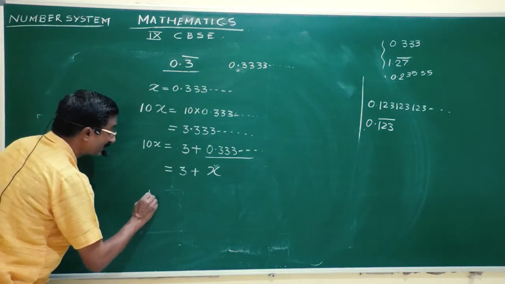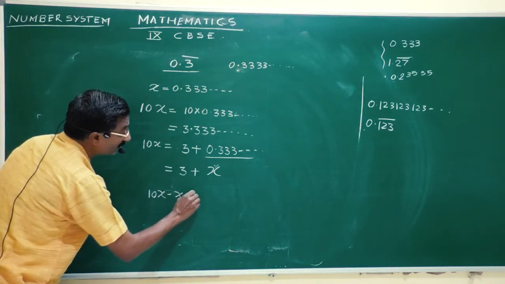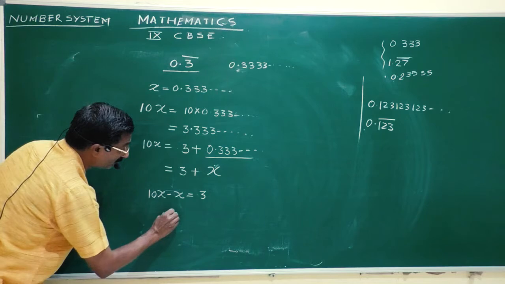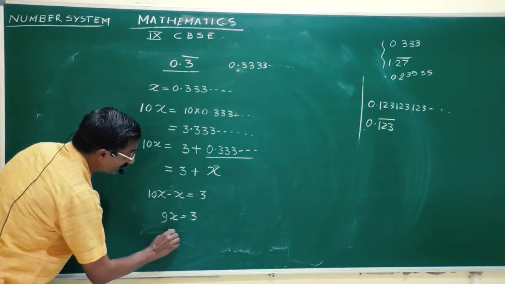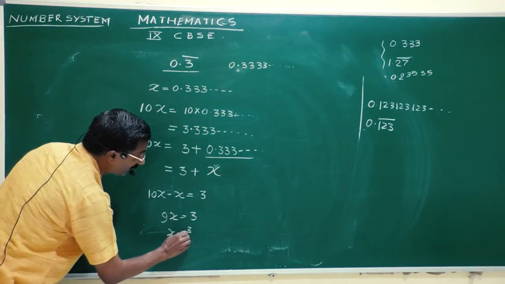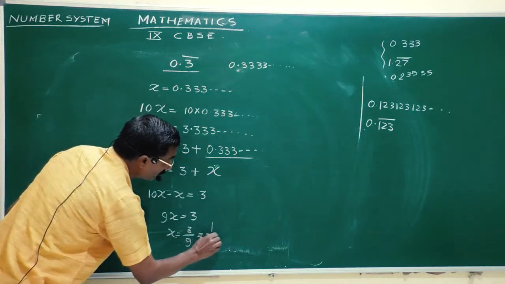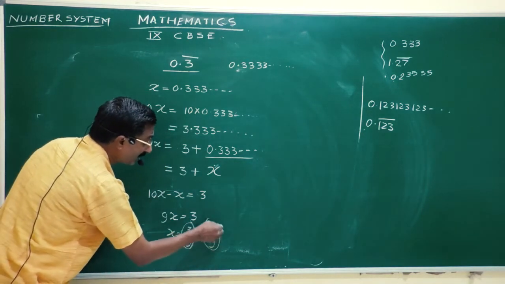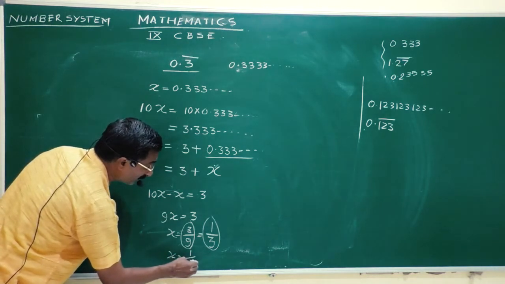Now transposing, 10x minus x is equal to 3. So 9x is equal to 3, so x is equal to 3 by 9. We can write it as 1 by 3. This is the rational number.